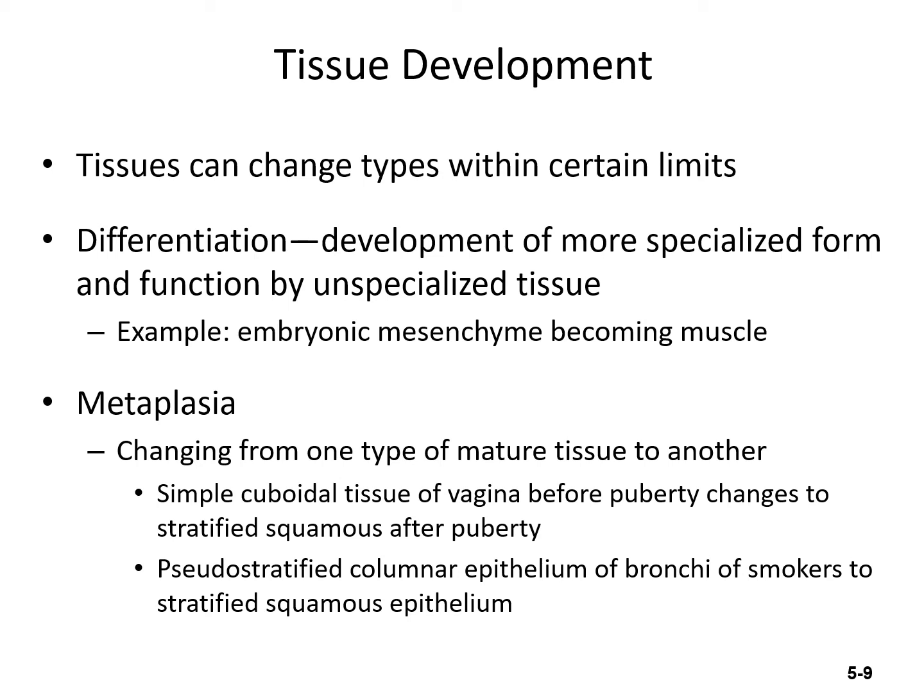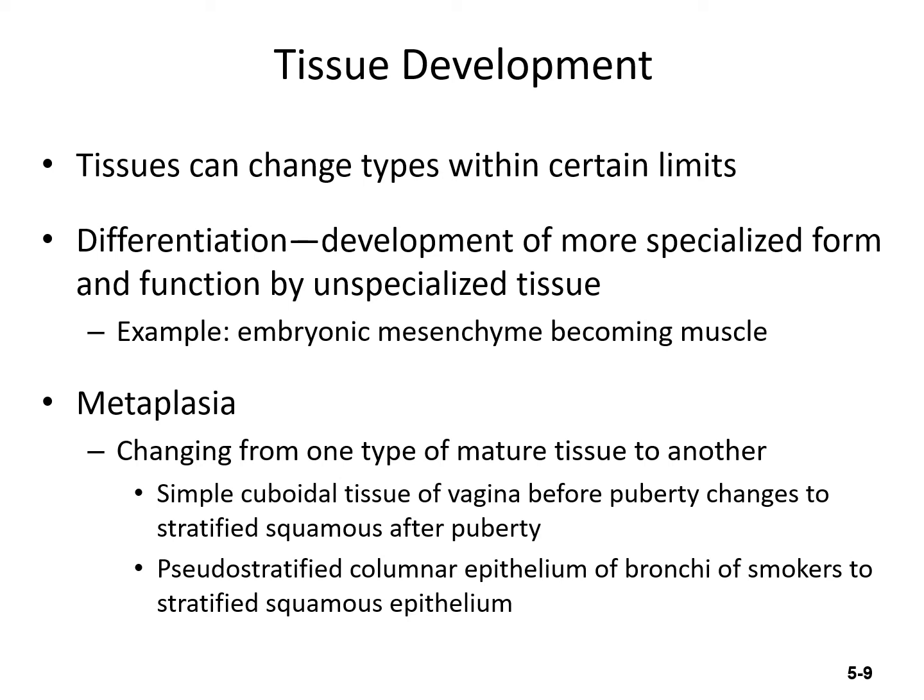There is this phenomenon known as metaplasia, which is changing from one type of mature tissue to another, and this is not quite as common as what we see in the developing embryo, of course. A couple examples of this: before puberty, girls will have a simple cuboidal tissue of the vagina, and then post-puberty, that is going to change to a stratified squamous tissue.